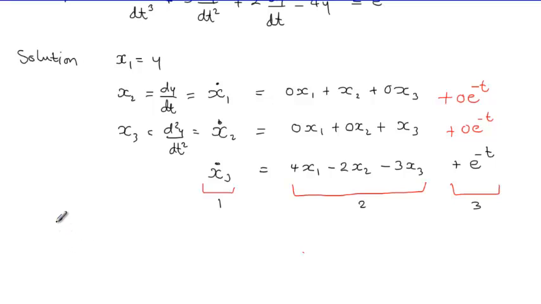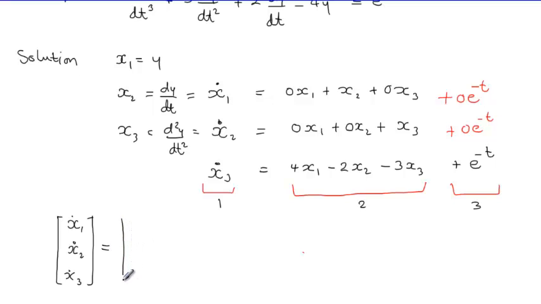Now organizing that, we're going to have x1 prime here, x2 prime, x3 prime. We're just reproducing this block but organized in matrix form. Then we collapse all these equal signs to one equal sign, because now we're talking about equality of matrices.